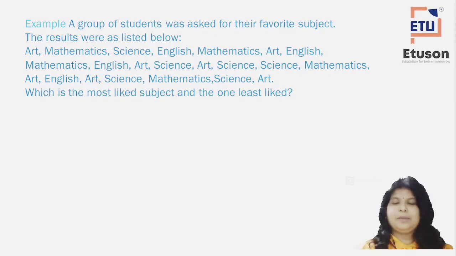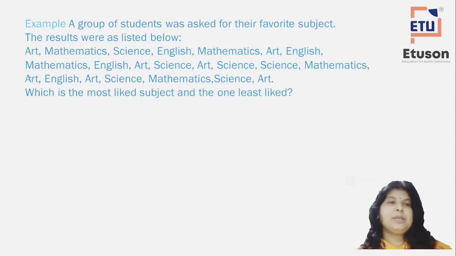So what you will do here to find out the answer is, you need to find out how many. So first you will write down the categories of subject, like you have art, you have mathematics, you have science, you have English, right? So these are the subjects.